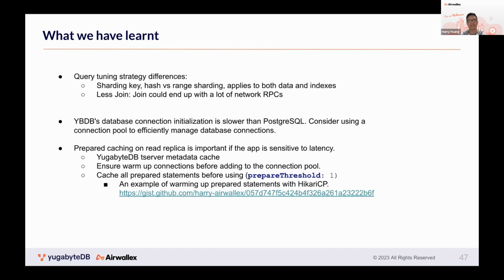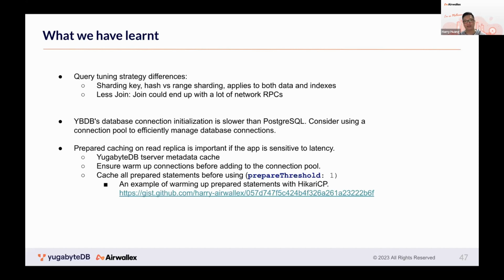Especially if you are using a connection pool implementation, for example, like HikariCP, it doesn't offer an easy way for you to warm up your prepared statements.